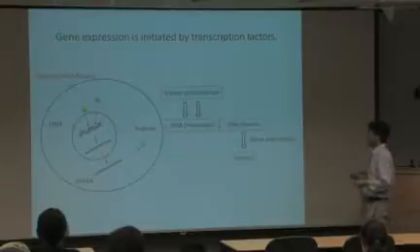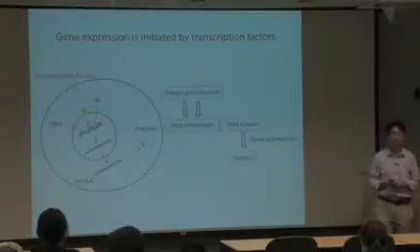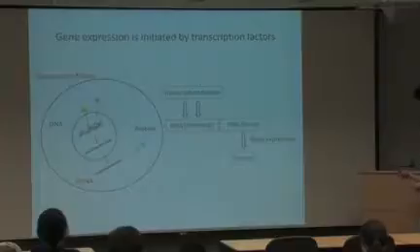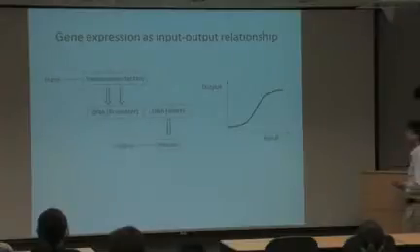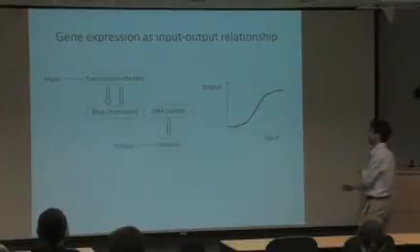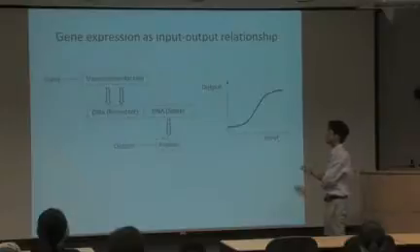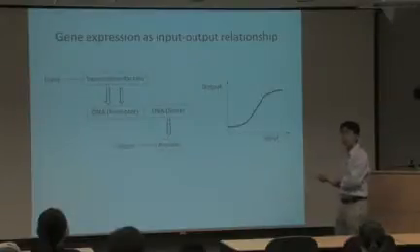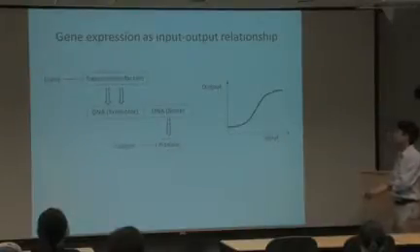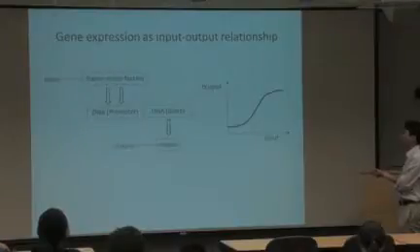So this is how we physicists like to approximate gene expression: transcription factors coming in and proteins going out. So you can define an input-output relationship for gene expression, where the input is the transcription factors and the output is the protein synthesized from the downstream gene. And you all know that there is a promoter region upstream of a gene where transcription factors interact.